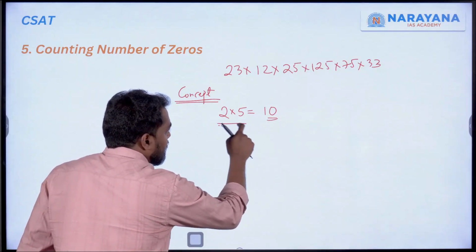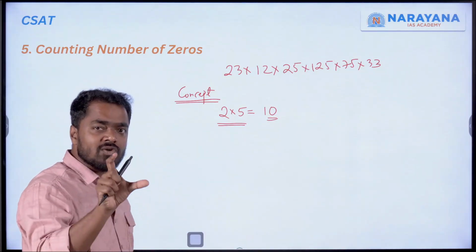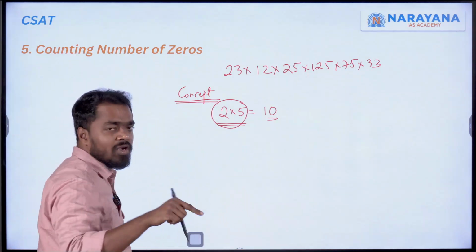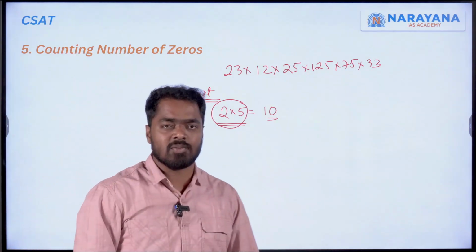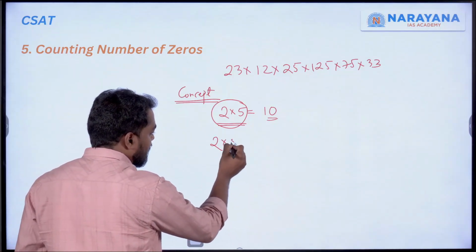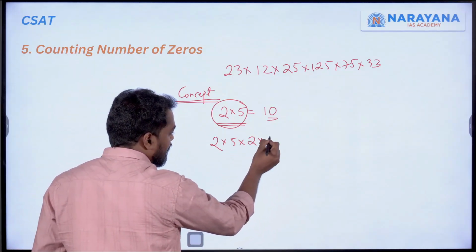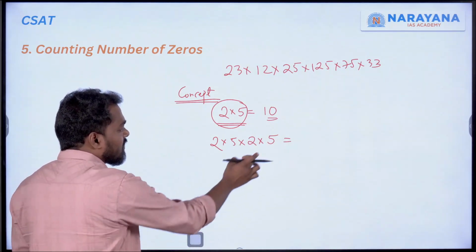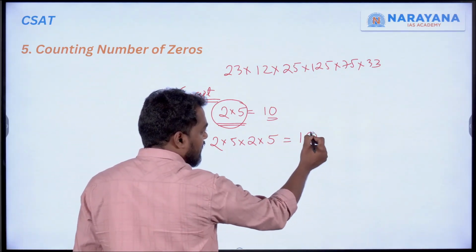That means if you want to find the number of zeros in a product, you have to find how many 2 into 5 pairs are there in that product. For example, a product like 2 into 5, 2 into 5. 2 5s are 10, 10 into 10, that is nothing but 100.